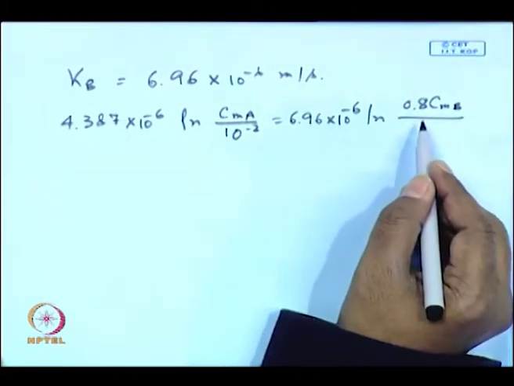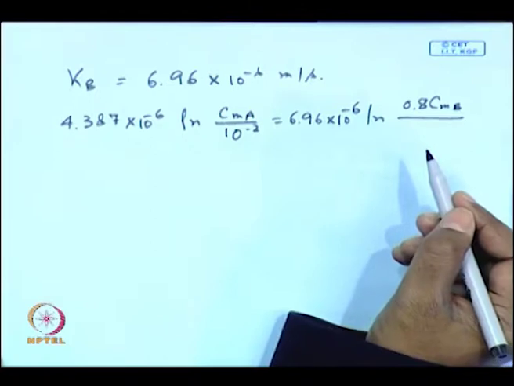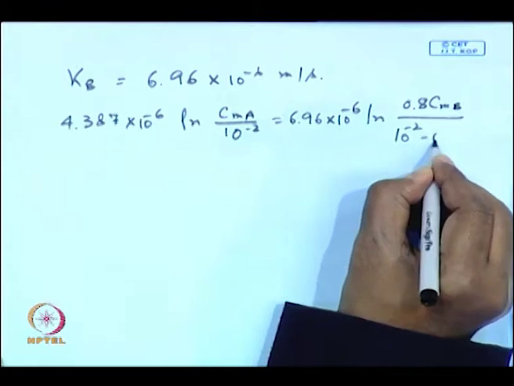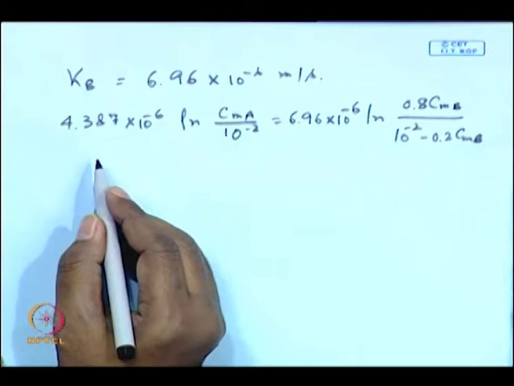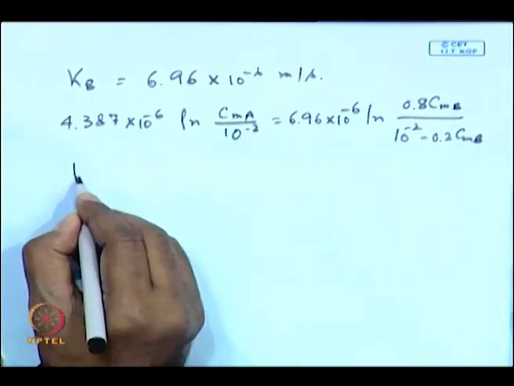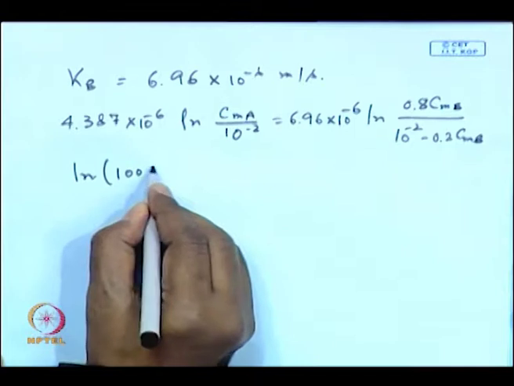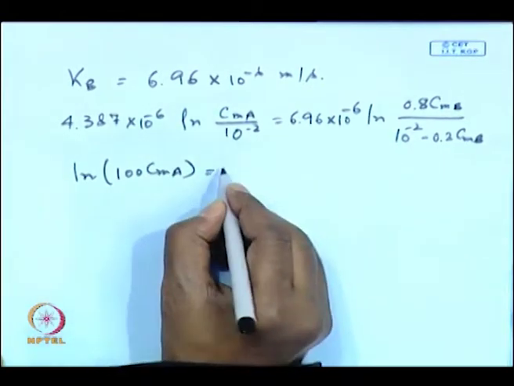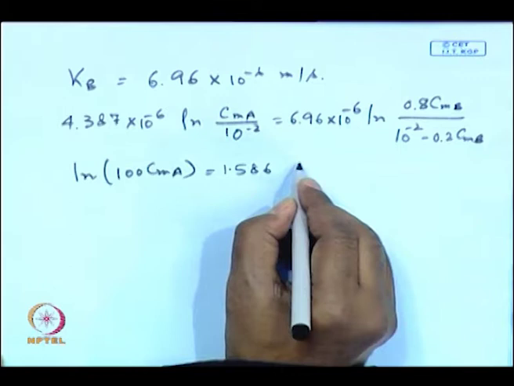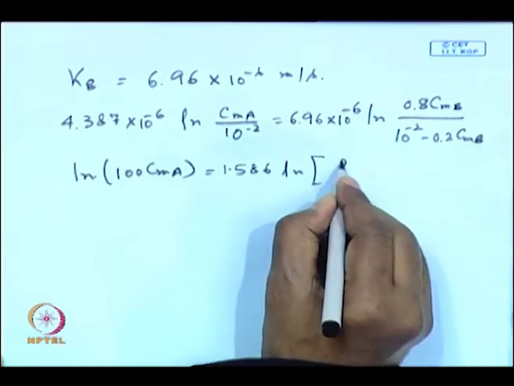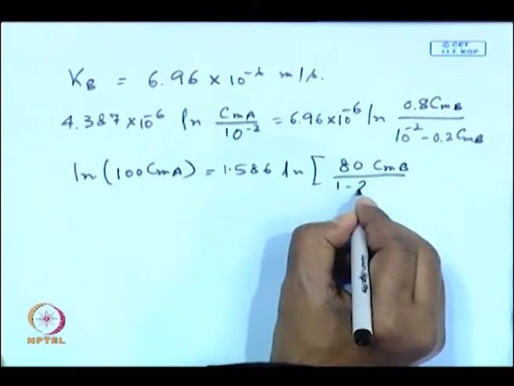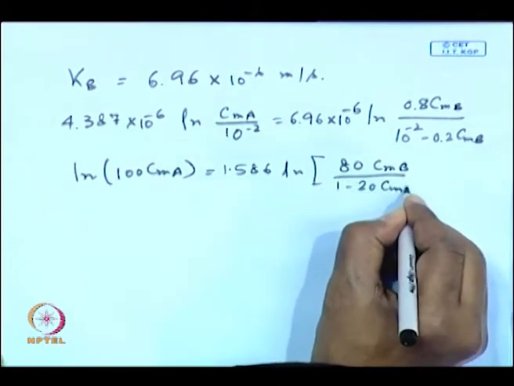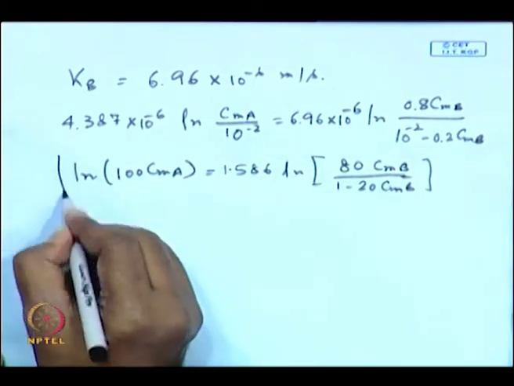We are replacing C_P in terms of real retention of B and C_MB: 10 to the power minus 2 minus 0.2 times C_MB. Okay. So, in short, this will lead to an equation something like this: log of 100 times C_MA is equal to 1.586 log of 80 C_MB divided by 1 minus 20 C_MB.